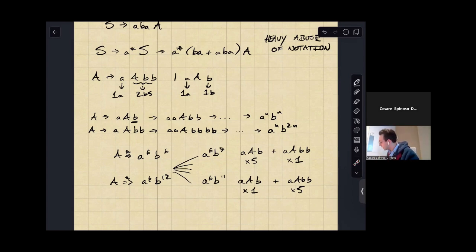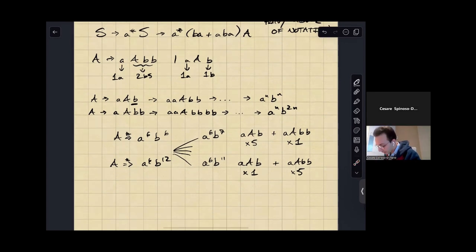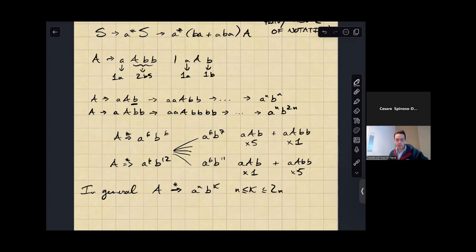So what that tells me in general is that A can generate something like A^n B^k, in some number of steps, where k is between n and 2n, okay? So that's what A can generate.